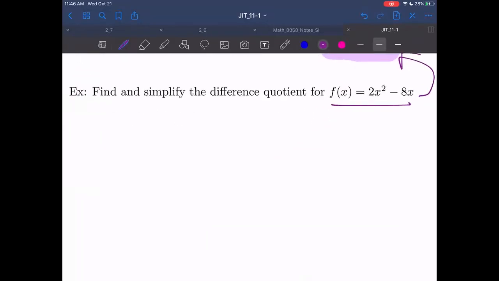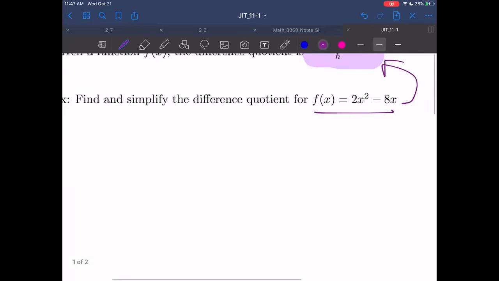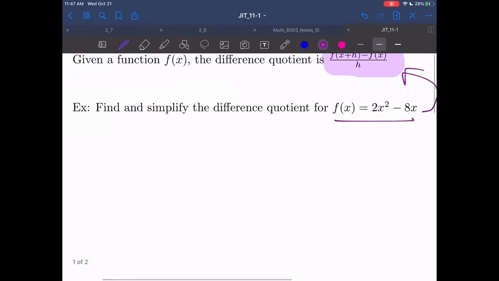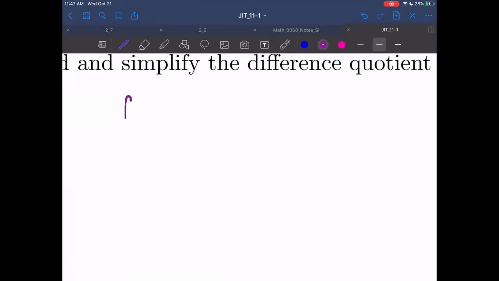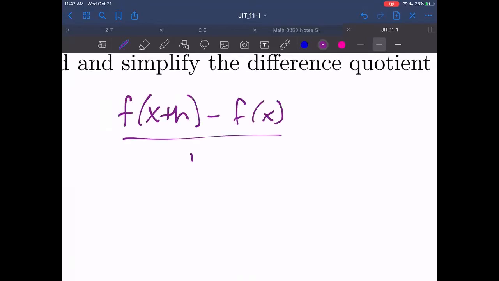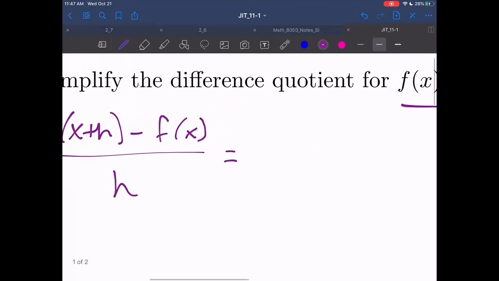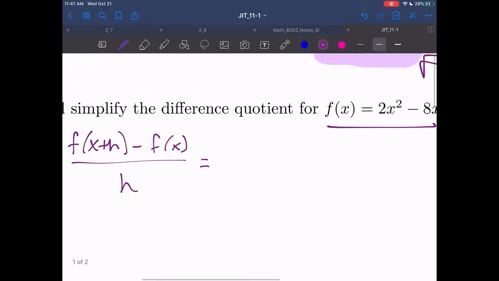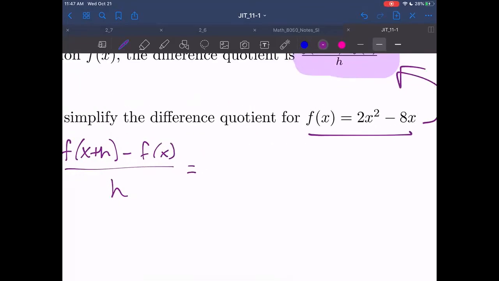We'll find the difference quotient for our function 2x squared minus 8x. So we plug it in. Our difference quotient formula is f of x plus h minus f of x over h. So we plug our function into that. It's 2 times (x plus h) squared minus 8 times (x plus h).